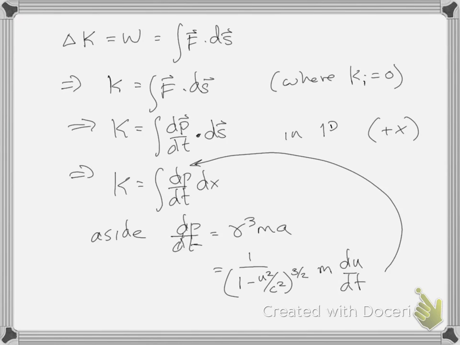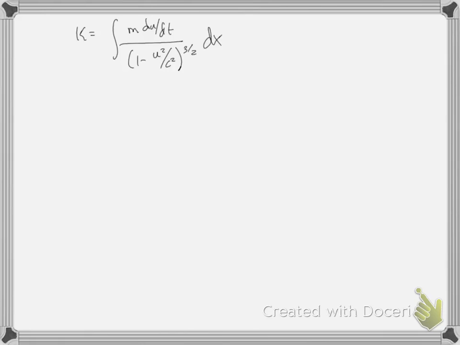So let's go to a new page and rewrite this. Plugging in the force, which is m du/dt over (1 minus u squared over c squared) to the 3/2, that's gamma cubed, times dx. That's the force dot dx. Now we need to get this all in the same variable. We can use the fact that u is equal to dx/dt to make a substitution: dx is equal to u dt.